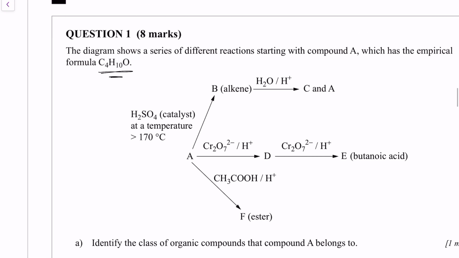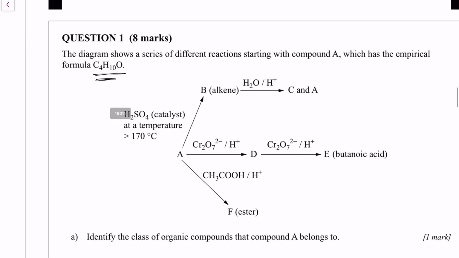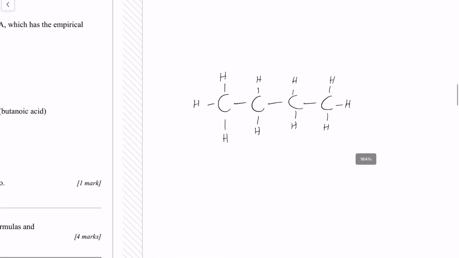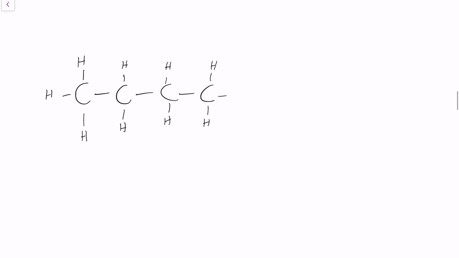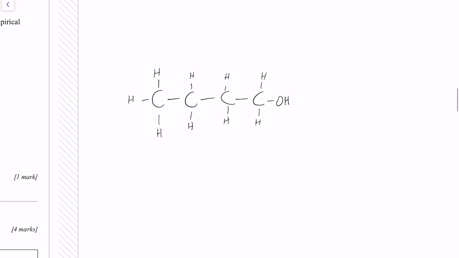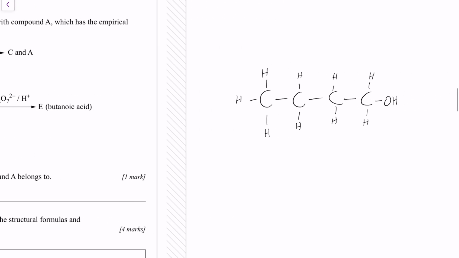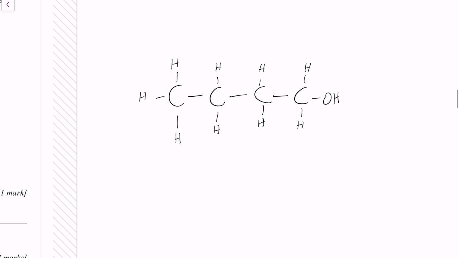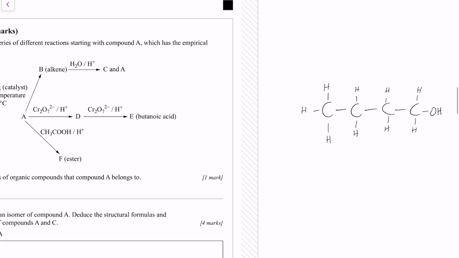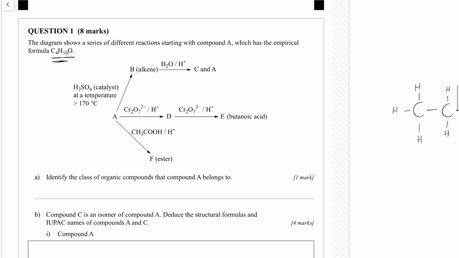I have 10 hydrogens in my empirical formula, and I don't have any O's at the moment. So that means I can just plug in O here without affecting any of the hydrogens. I still have 10 hydrogens, and that will be my actual organic compound written out fully for this empirical formula.